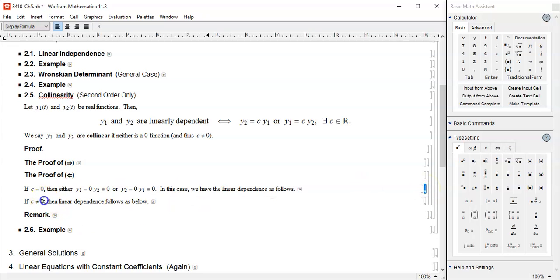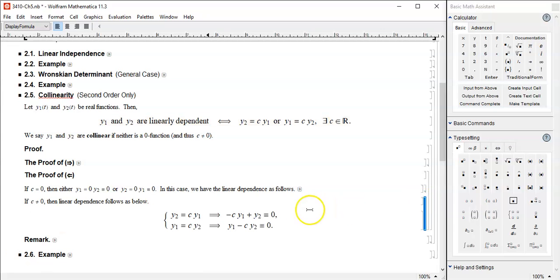Now what if c is non-zero? Either here or there. That's even easier. Just flip the other side. Then you're going to get coefficient y1 plus 1 times y2 is constantly equal to 0. We get that.